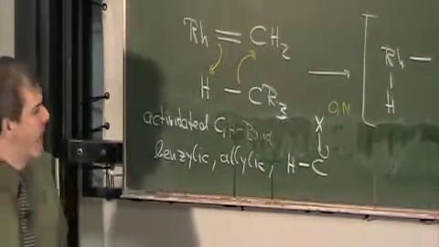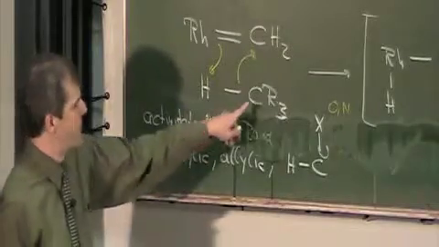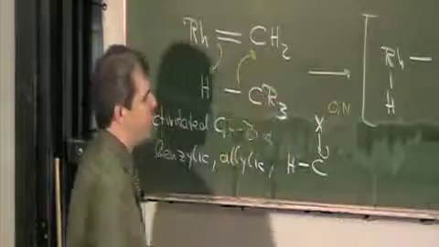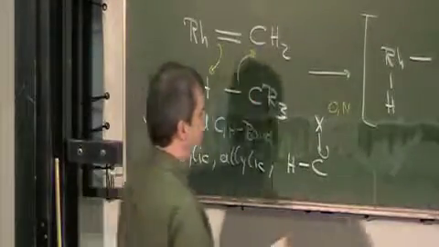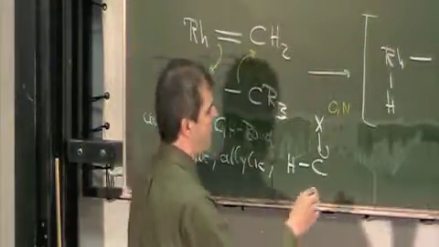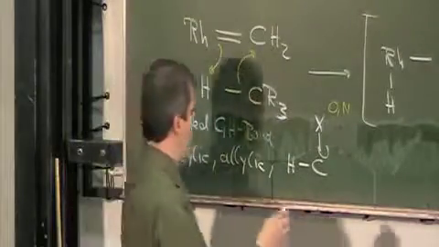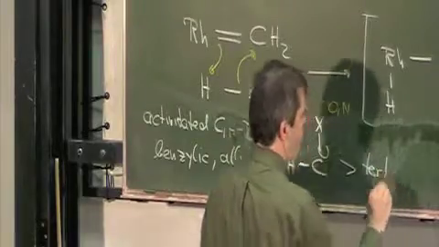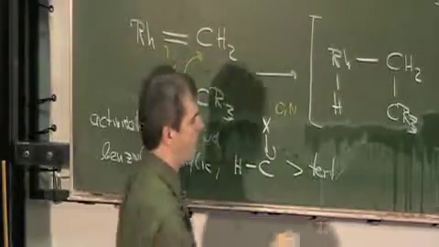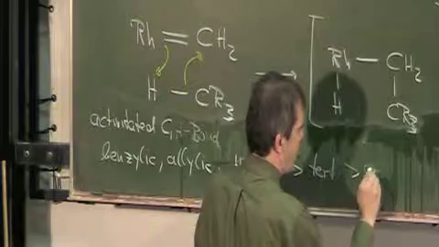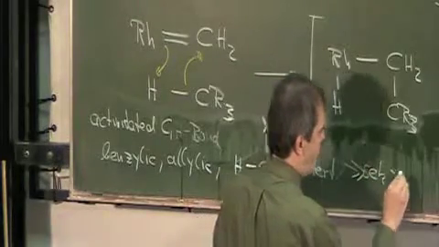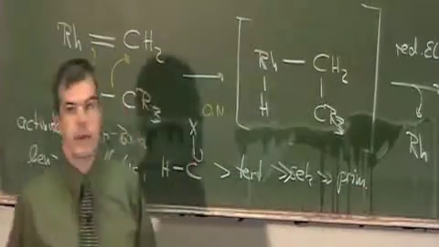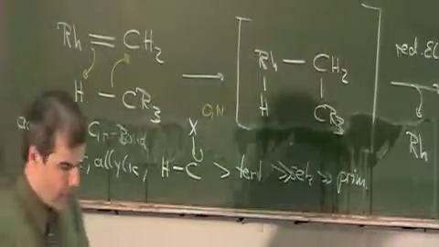These are sufficiently reactive. If you have simple alkyl groups here, these bonds react much slower. And then if you go down the line, tertiary CH bonds are still good, but then secondary and primary CH bonds are much less reactive in this type of process.